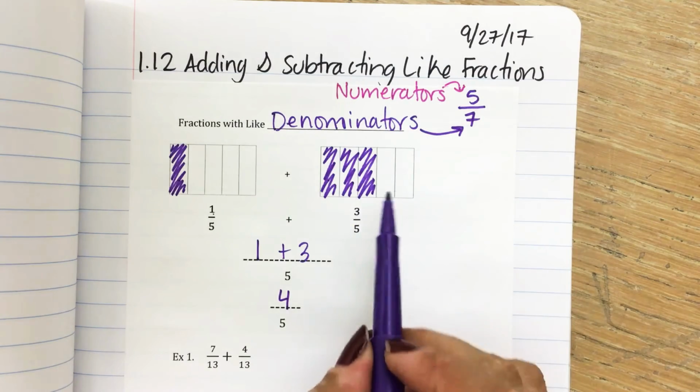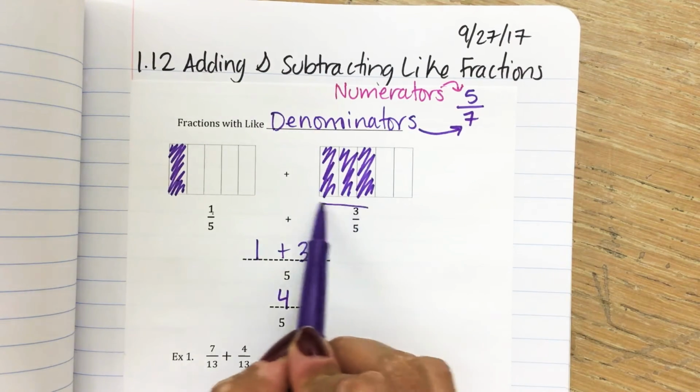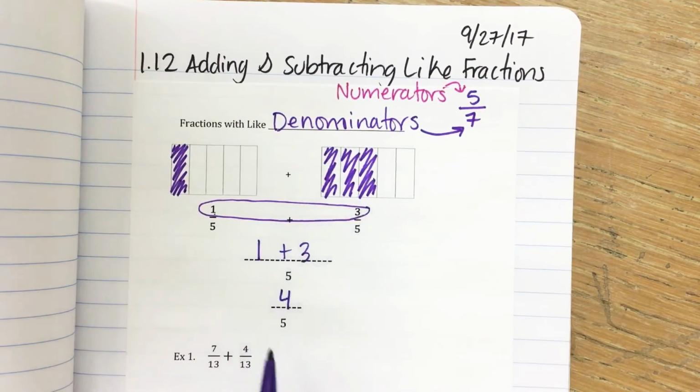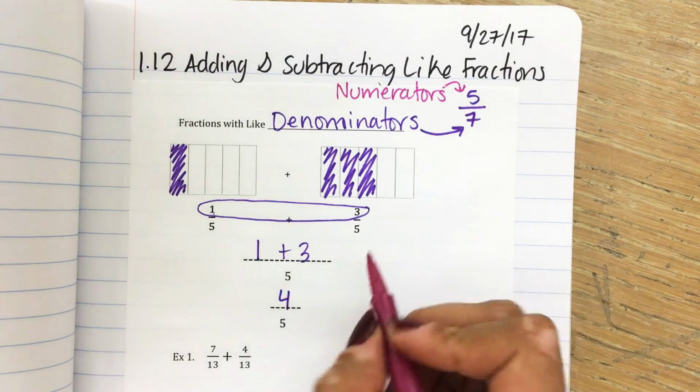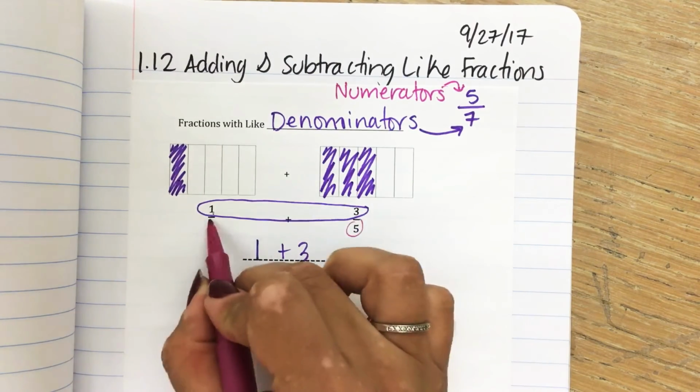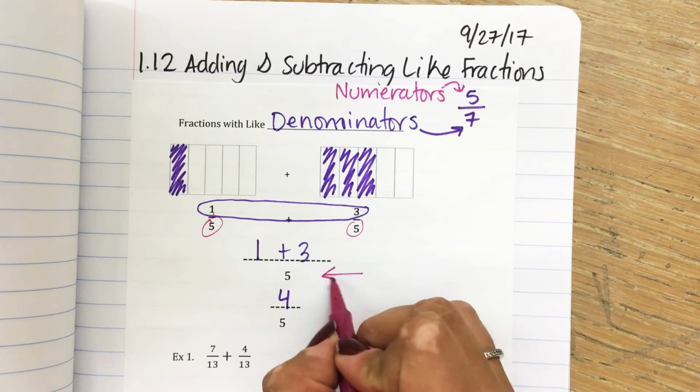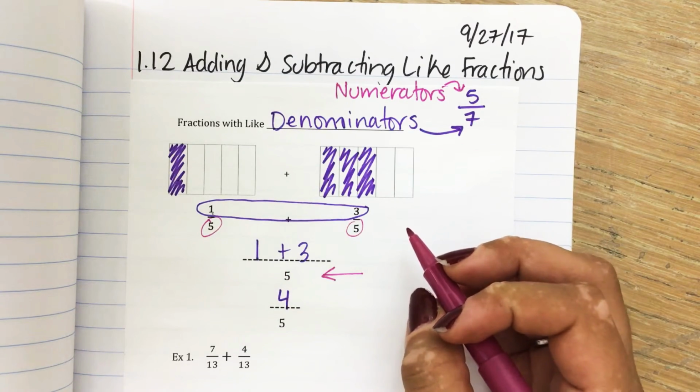If you notice, all we added were the numerators. We just took the numerators, added them, and it gave us 4 out of 5, so 4/5. Whenever the denominator is the same, all we do is keep the denominator the same.